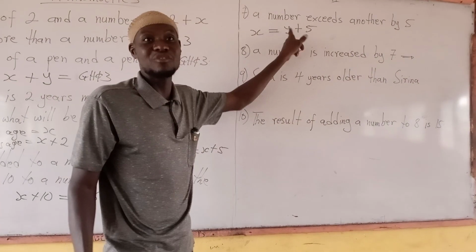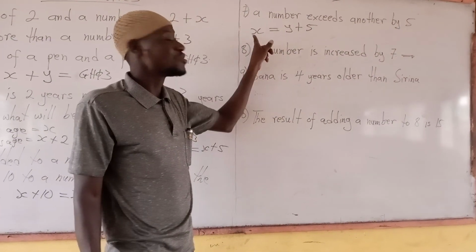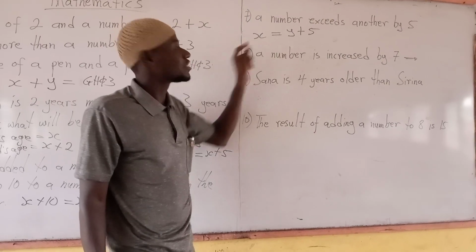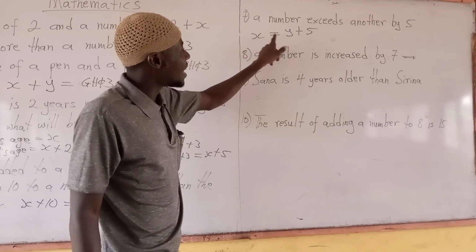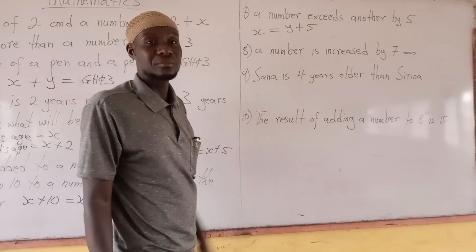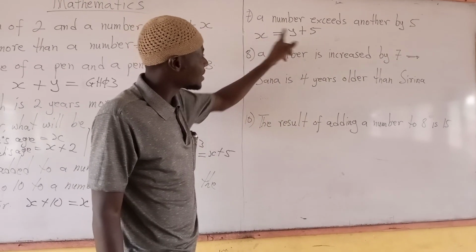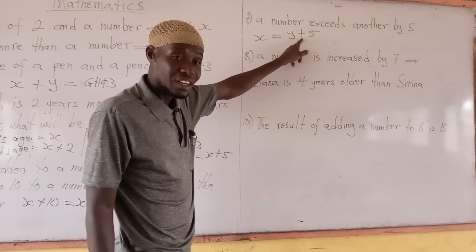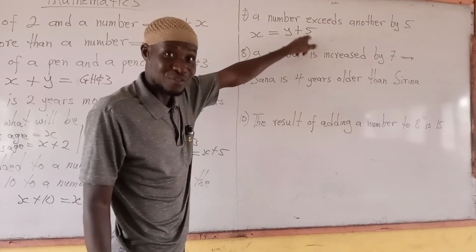Meaning adding 5 to the second number will give you the first number. So "exceeds" is the addition.